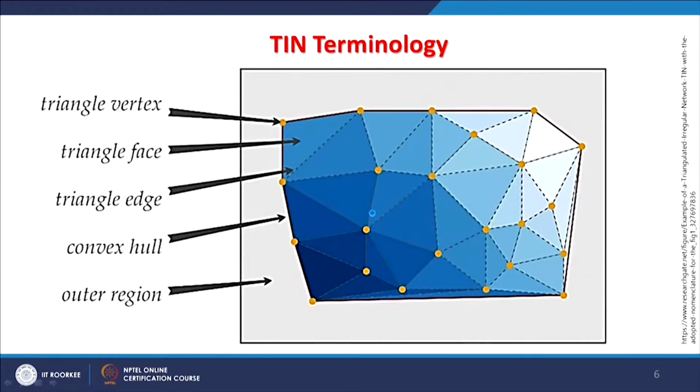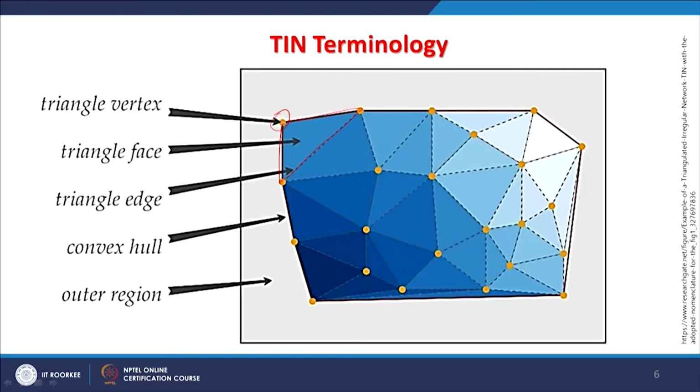Now, different terminologies or terms which are used associated with TIN, one by one I will touch upon that. When you have this triangle vertex or the input points, we call it a vertex. Overall everything is called mass points, whatever the input points are there, and the triangle is the face or facet.